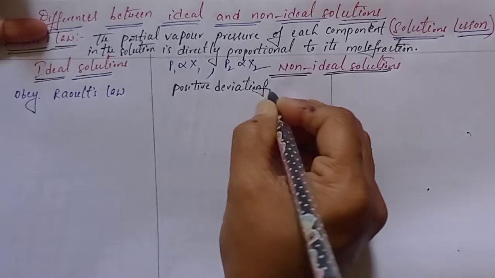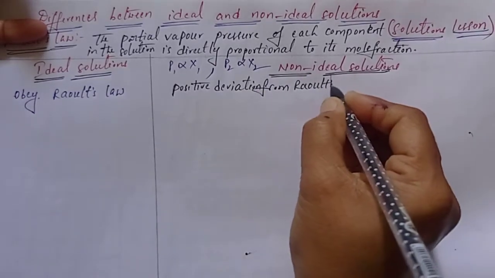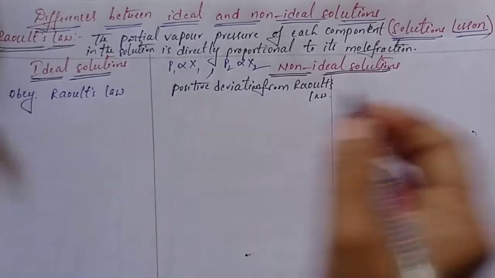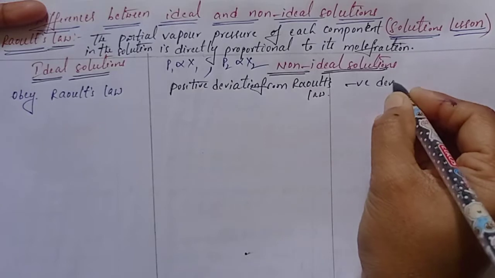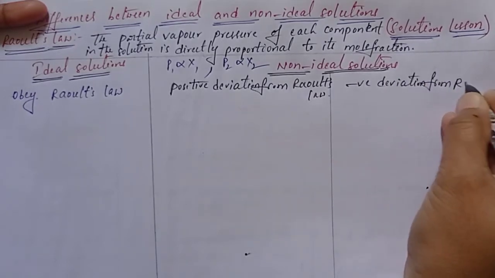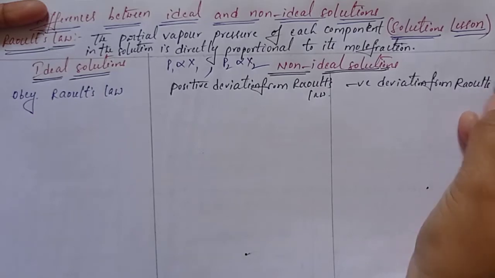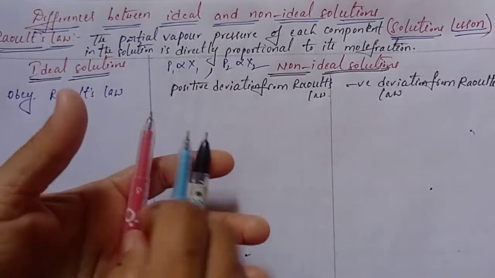And the second type is negative deviation from Raoult's law. So here two types are there, students.